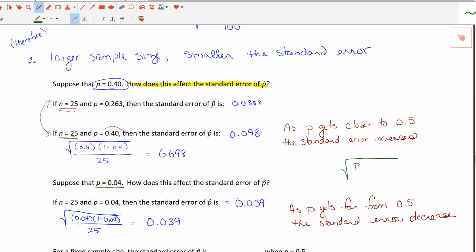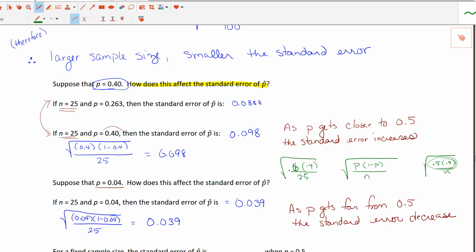Now, that really comes from the formula, right? This is what's happening. You have p times 1 minus p in the numerator over n. If we're just changing the p's, the biggest that number could be is when p is 0.5, because we would have 0.5 times 0.5 over n, right? If p is 0.6, like we had p is 0.4 over here, we would have 0.6 times 0.4 over 25. That's still going to be smaller than 0.5 times 0.5.